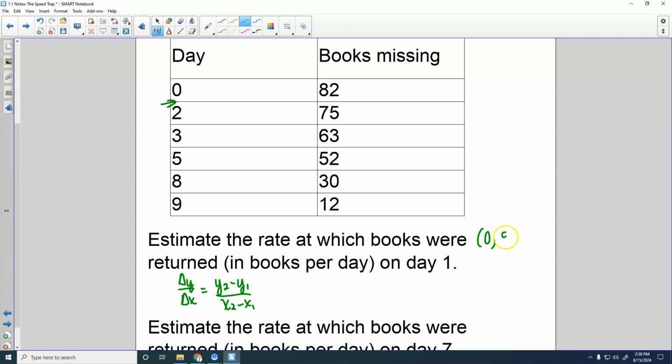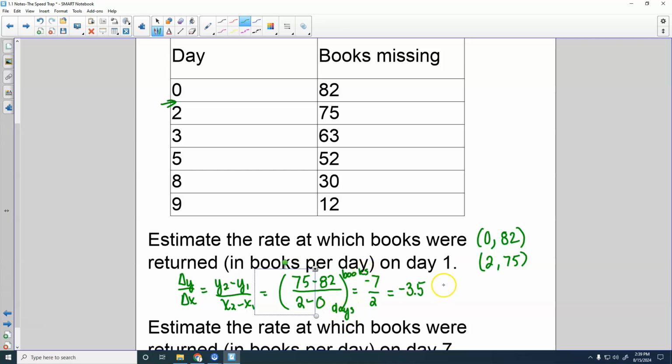So if I think of these as points, 0, 82, and then we've got 2, 75, we would have 75 minus 82 over 2 minus 0, and that is going to give us negative 7 over 2, so negative 3.5. When you're talking about units, this was measured in books, and this was measured in days, so this is negative 3.5 books per day.